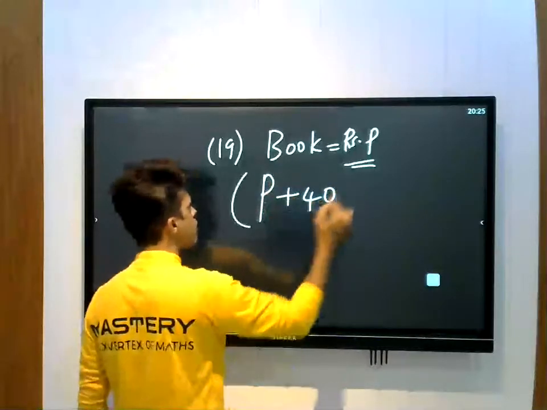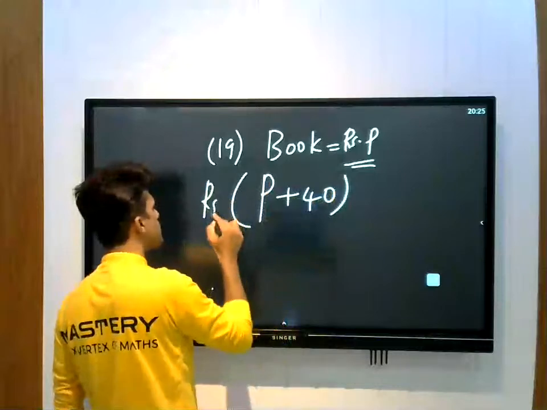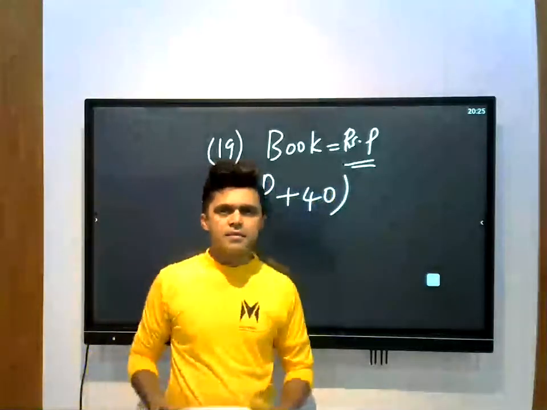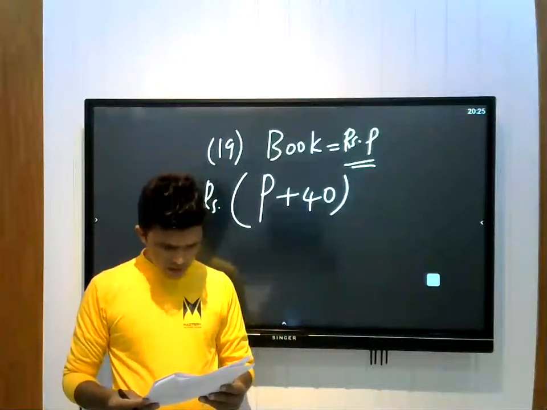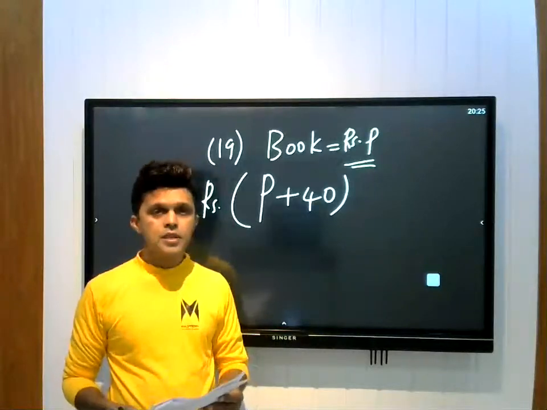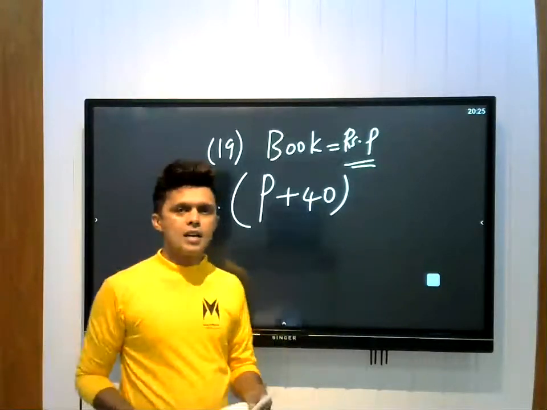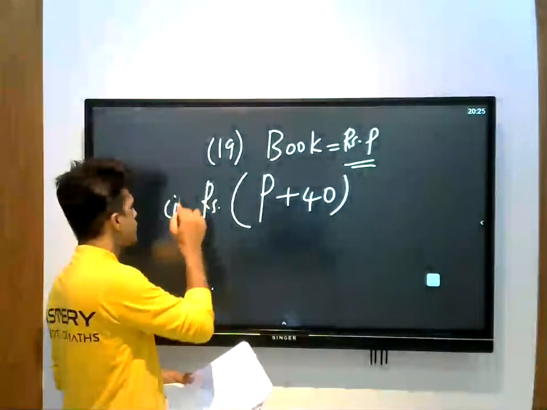We do not know the value of P right now, but the new price of the book in terms of P is P plus 40. So this is the answer to the first question.